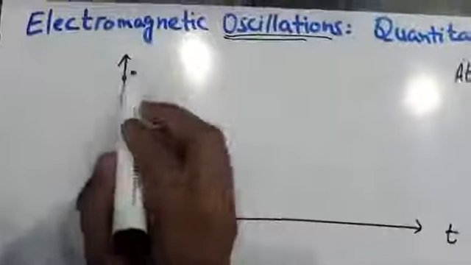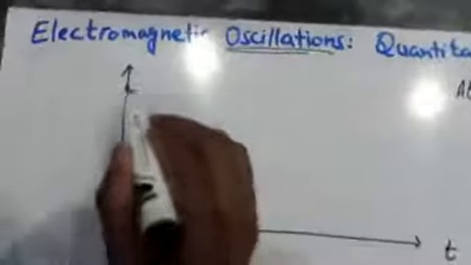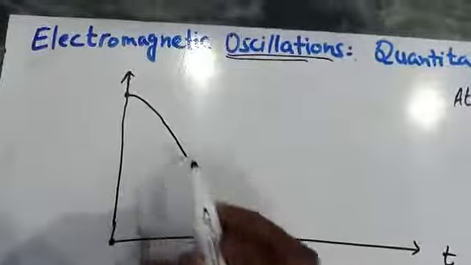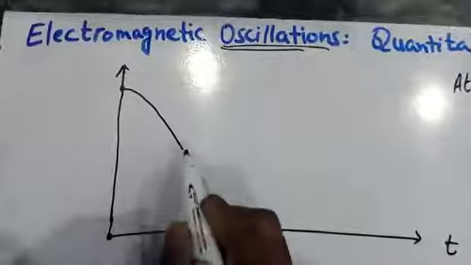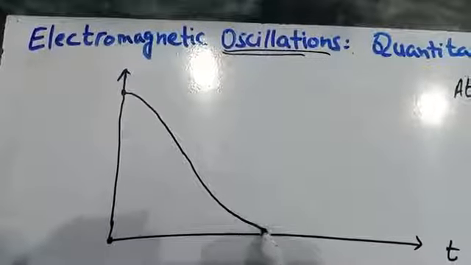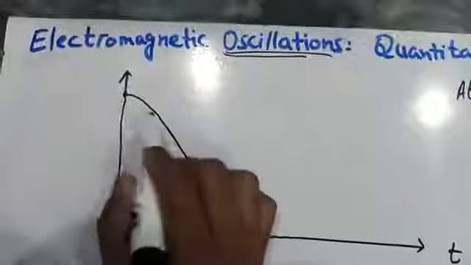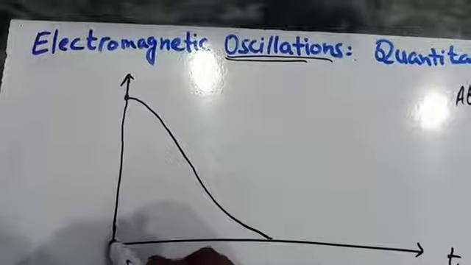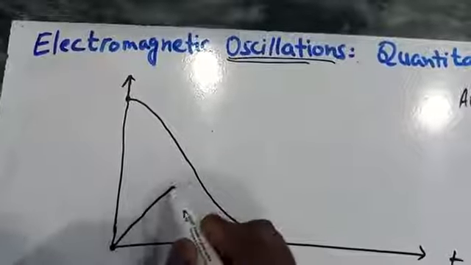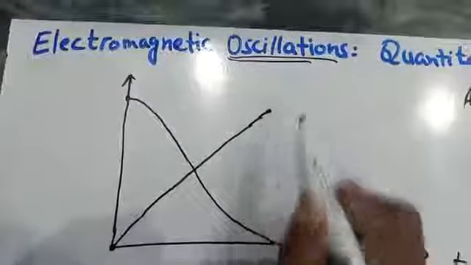So as discharging starts with the passage of time, electric energy decreases, and at some time electric energy becomes zero. At this time, when electric energy decreases, the magnetic energy increases. When electric energy becomes zero, the magnetic energy becomes maximum.